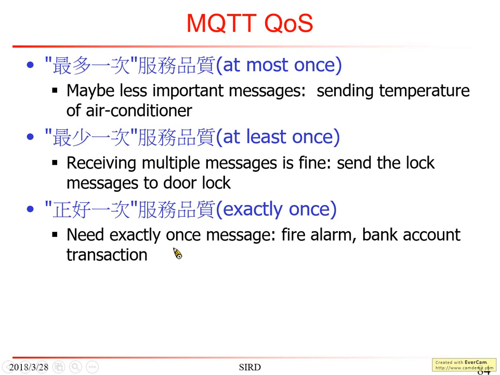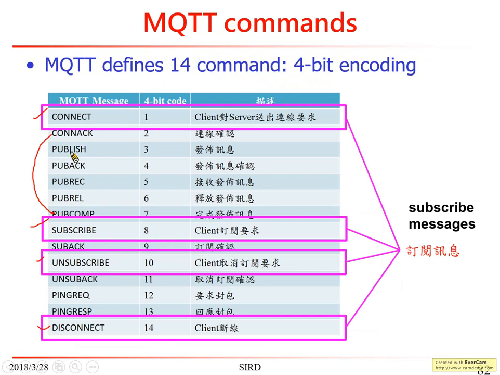And exactly once is the most costly implementation. The message will be sent back and forth. Remember, we have publish and publish ack, receive and publish release.